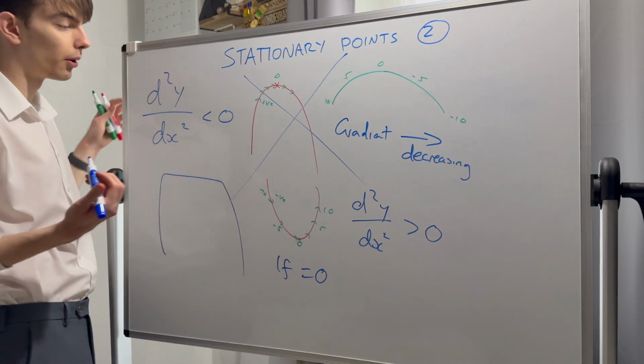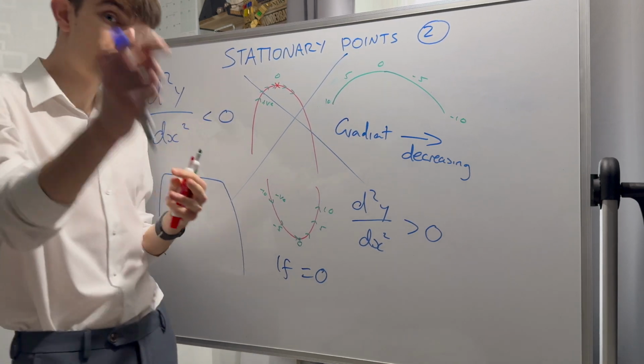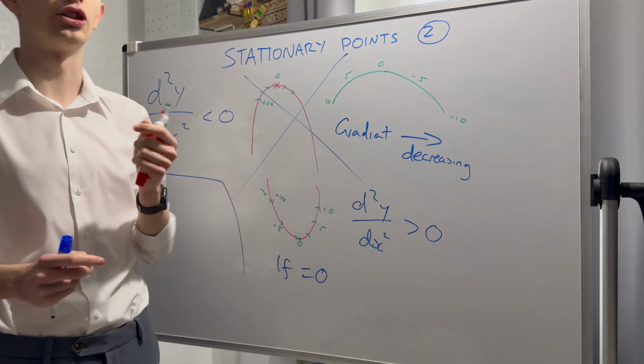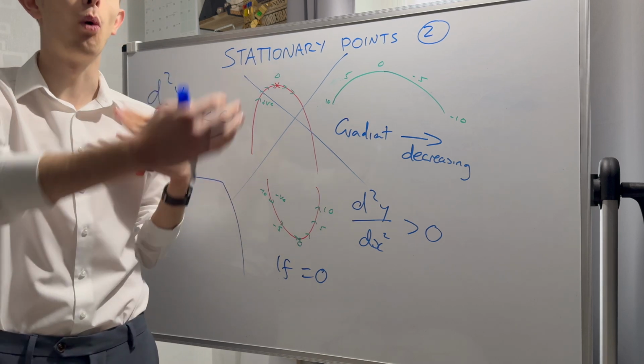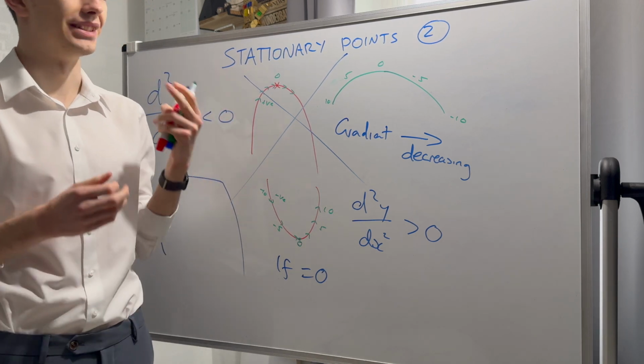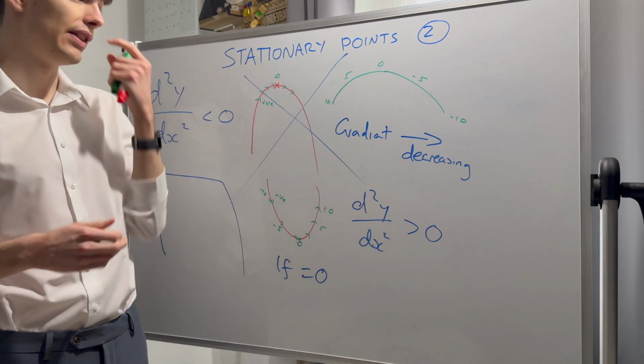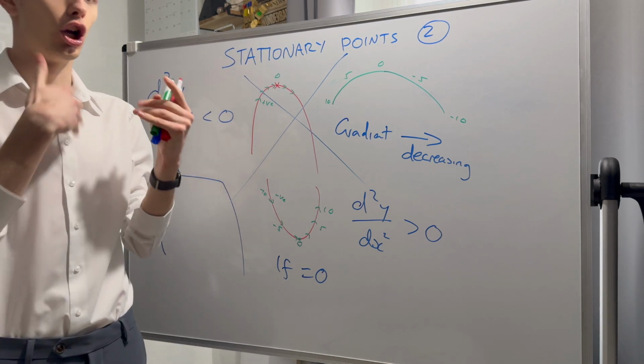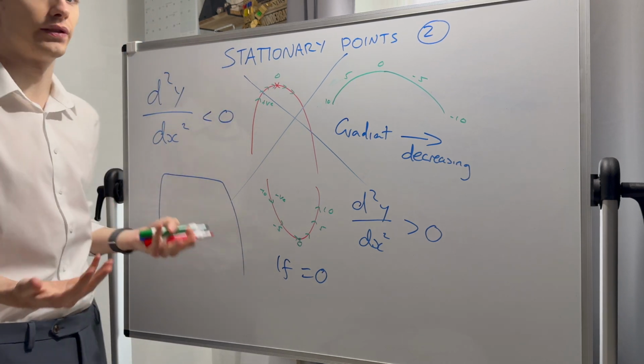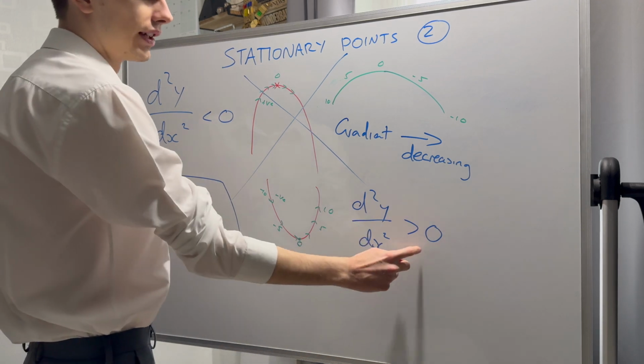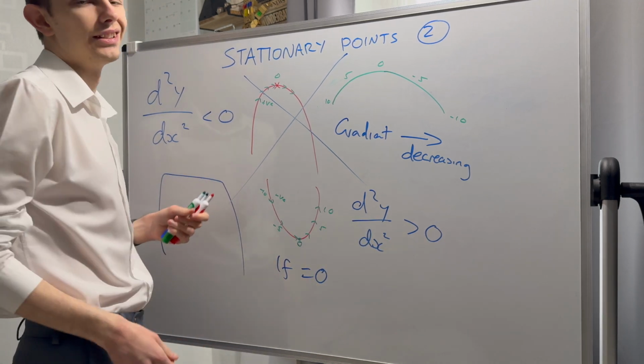If it equals 0 after our calculations and we've double, triple checked that it equals 0, we need to go back to the last method, which is why I taught you that first, because it is sometimes necessary. This is quicker and it works a lot of the time, but sometimes it just fails.